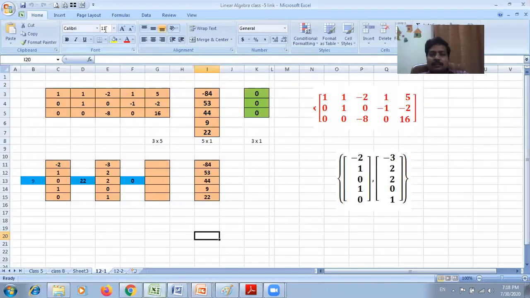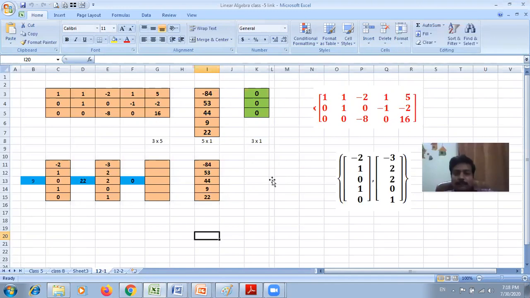Let us check whether these are correct or not by using some more examples. I have carried that matrix here, and this is my answer, null A. We are saying that these are the vectors in the basis for null A. Null A means these two vectors will give you a zero solution, and any linear combination of these two vectors should also give a zero answer.